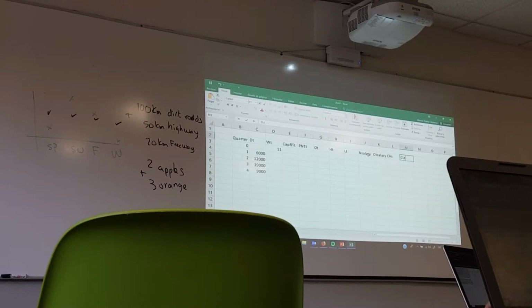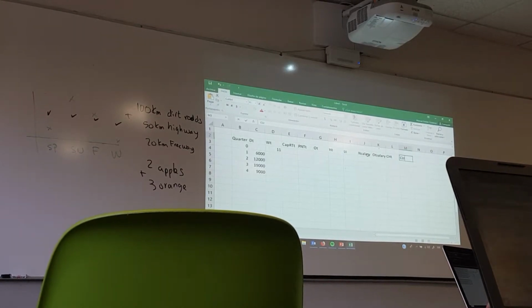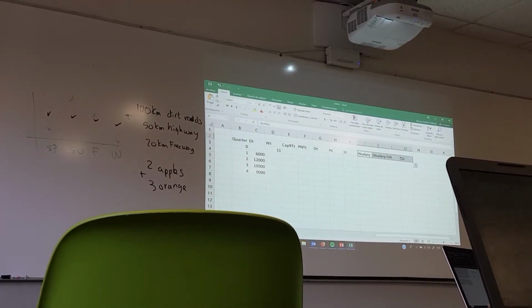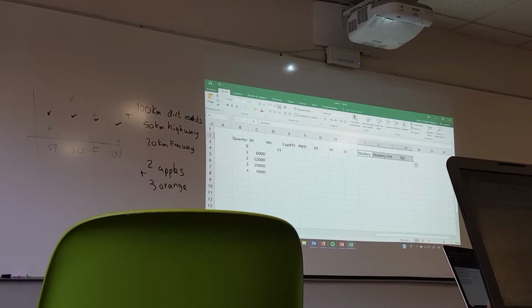These are not variables, these are parameters, the costs. I'm going to use these costs to compute the total cost, which is just the sum of the 4 costs.